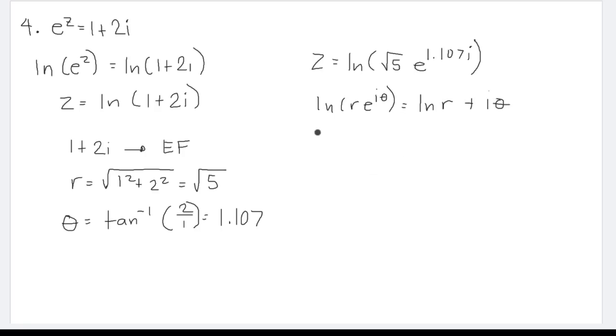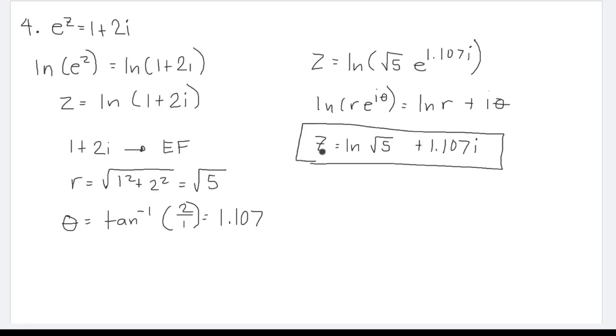So therefore, we have c is equivalent to ln square root of 5 plus 1.107i. So this is the value of our z at example number 4.